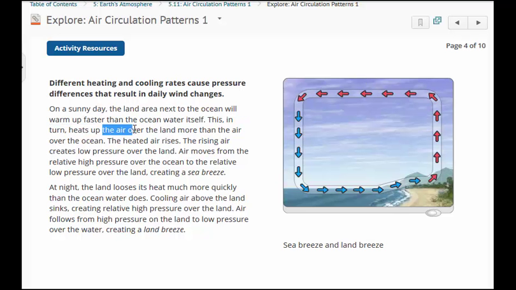This in turn heats up the air over the land more than the air over the ocean. The heated air over the land rises, as you can see here. Air moves from the high pressure over the ocean to the relative low pressure over the land. It's low pressure where it's hotter. This creates a sea breeze.